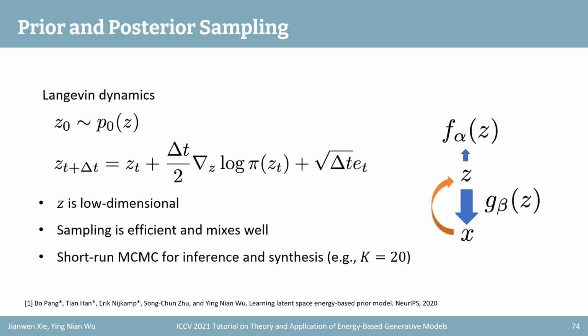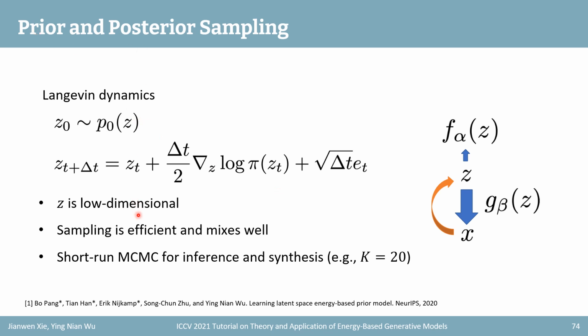The maximum likelihood learning requires sampling from both the prior distribution and the posterior distribution, and the sampling can be accomplished by Langevin dynamics. We can initialize the Langevin dynamics from the P0 distribution, which is the non-informative reference prior distribution, and then we run a finite number of Langevin iterations, where this pi of Z can be either the prior distribution or the posterior distribution.